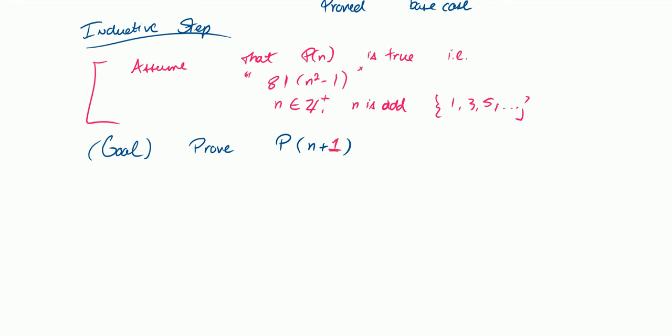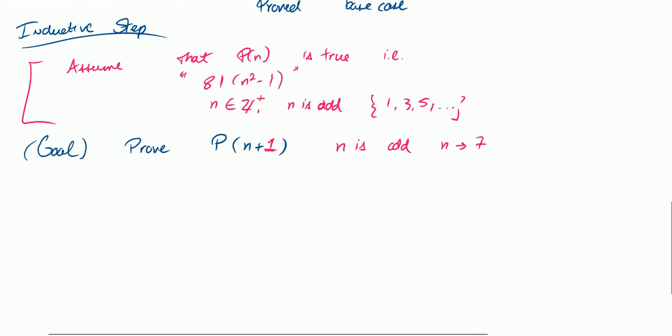Because that's what you do in induction proofs: you say Pn is true and you prove it for the following integer. But the thing is, if you assume that Pn is true, n is odd. For example, n can be 7. So that's fair, n is odd.